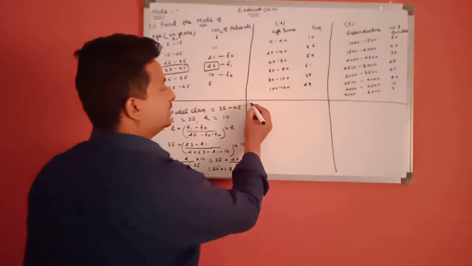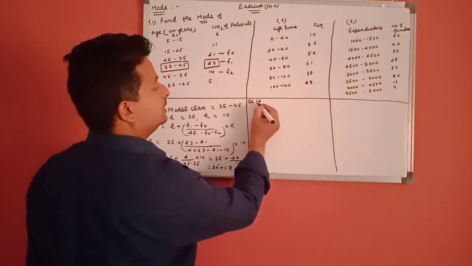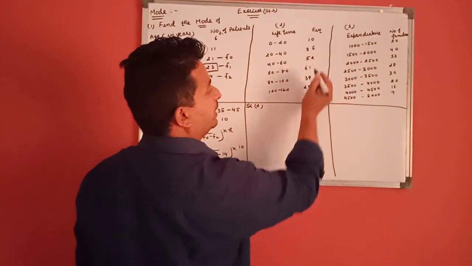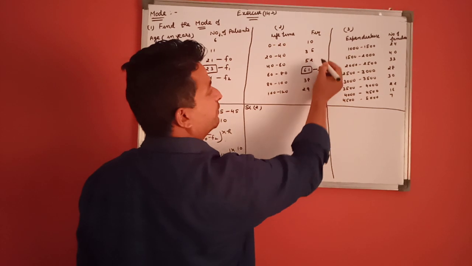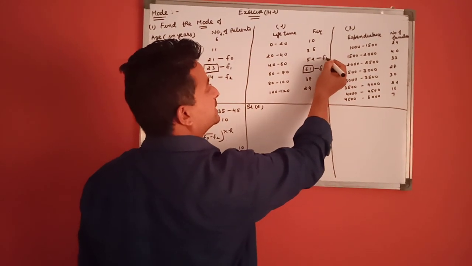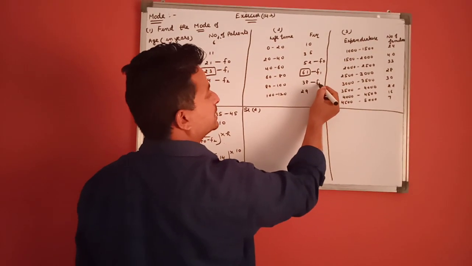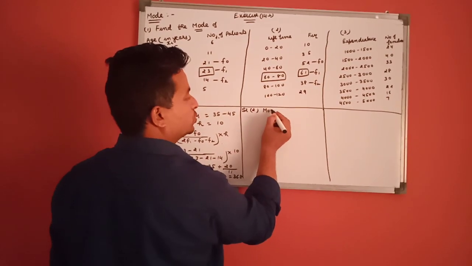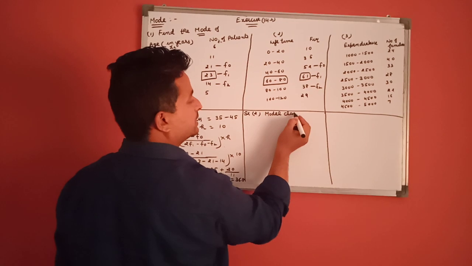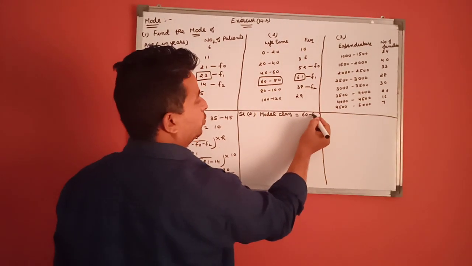In question number 2, in the frequency table the largest value is 61. So this is f1, above this is f0, below this is f2, and this is the modal class. The modal class is 60 to 80.